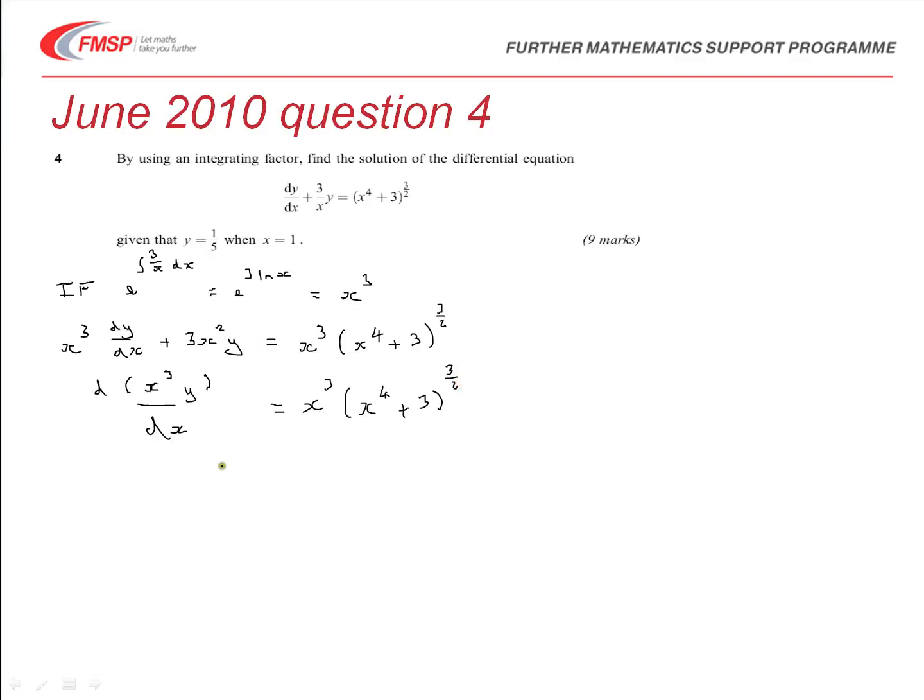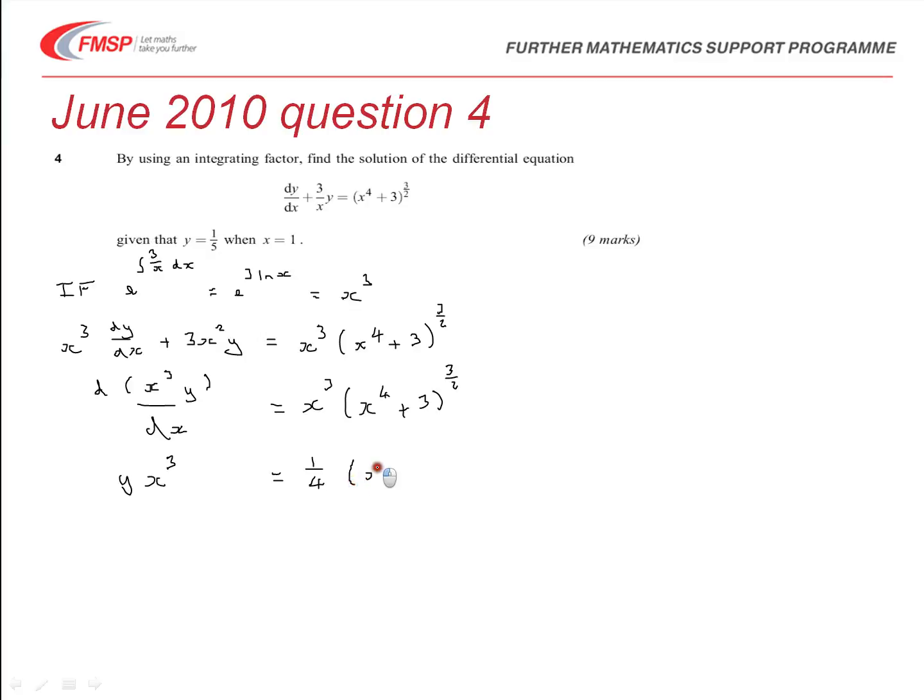So what we now need to do is to integrate both sides. Integrating the left hand side, it's fairly obvious, that will undo the differentiation. And on the right hand side we've now got to integrate this function. We should recognise here that the differential of x to the 4 is 4x cubed, and we've got the x cubed there. So immediately we can put in a quarter here to balance this up.